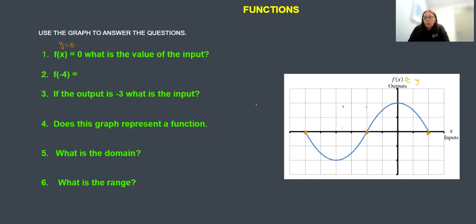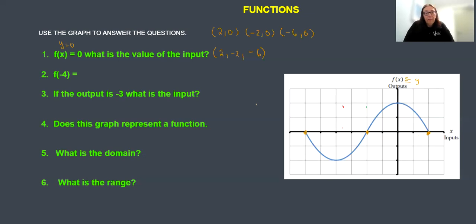So our input values will be 2, -2, and -6. So when we input 2, our output is 0. When we input -2, our output is 0. And when we input -6, our output is 0. That's what that tells us.